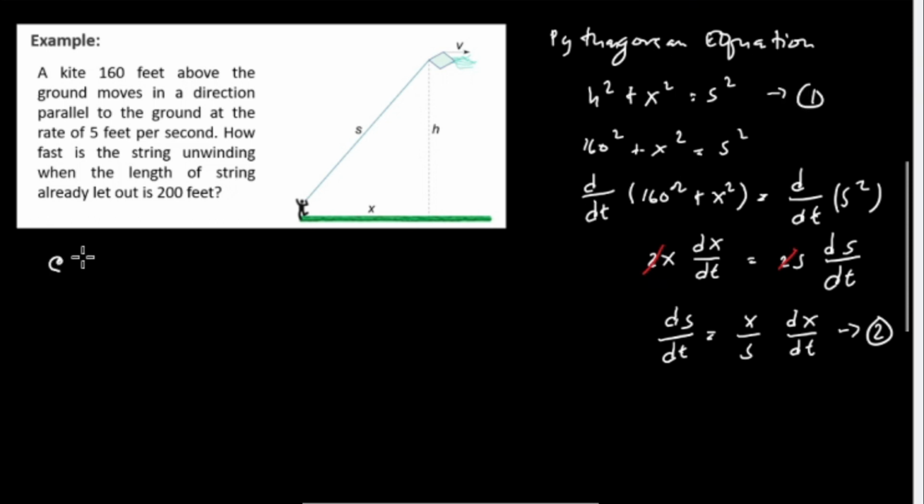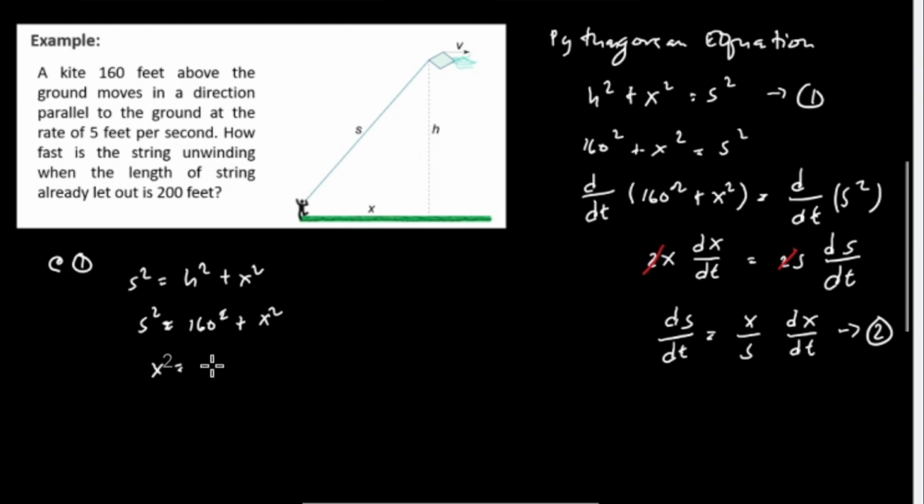Equation 1: s squared is equal to h squared plus x squared, or 160 squared plus x squared, and we need to find x.